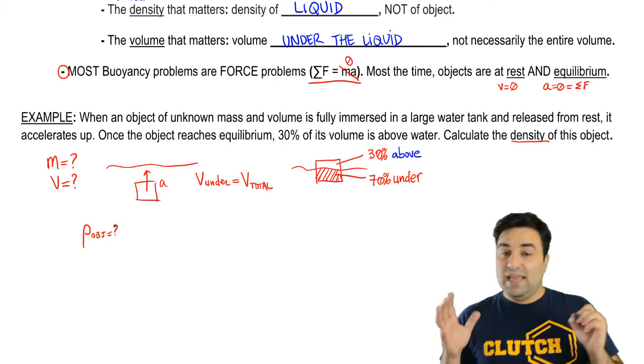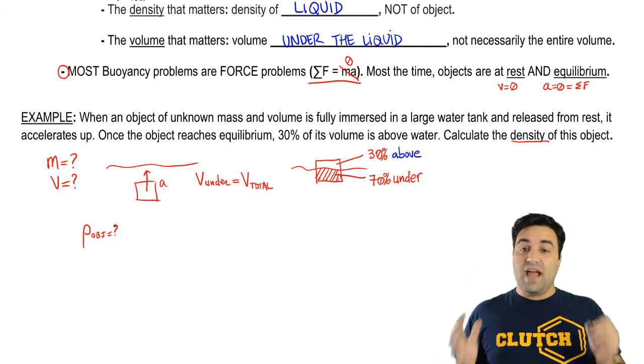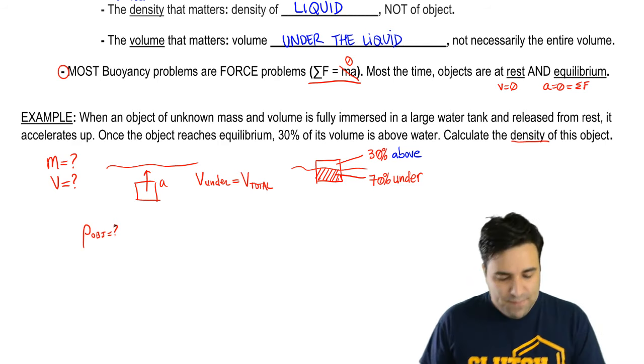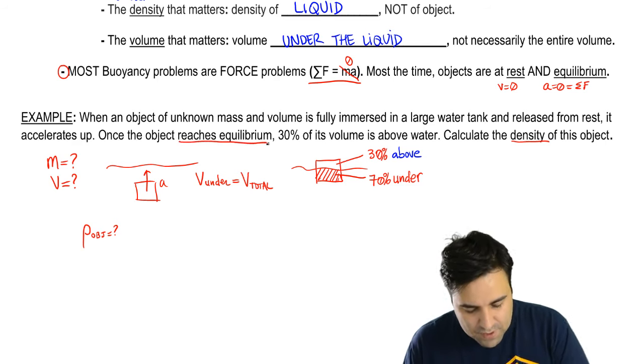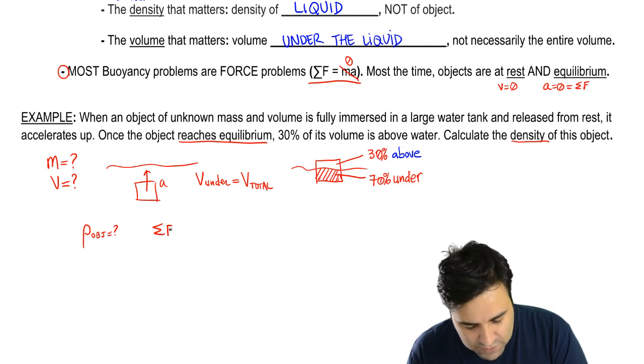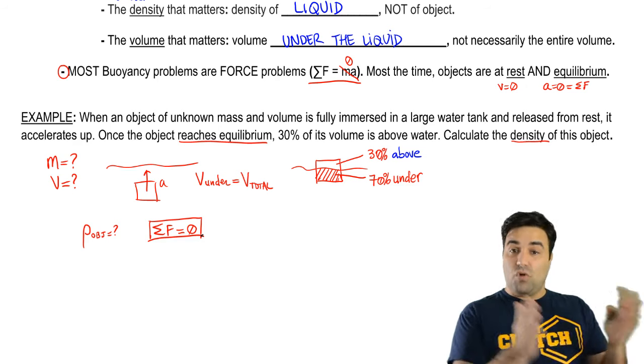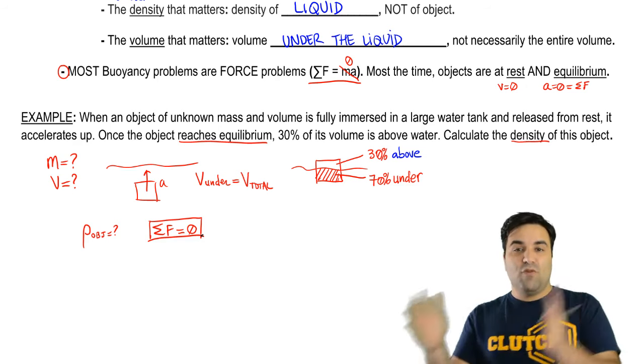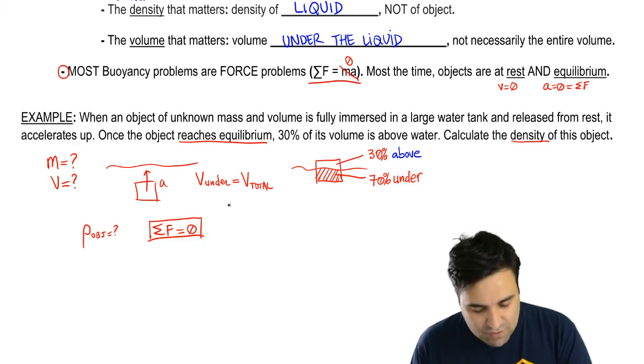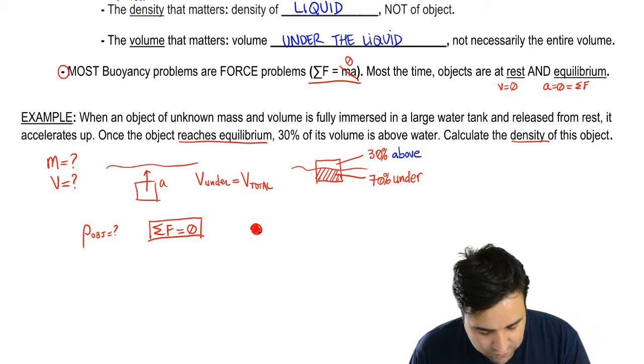Cool. Now, all these questions are going to start with F equals ma equals 0 because you are at equilibrium. So I'm going to write that the sum of all forces equals 0. And remember, the way to solve force problems has always been to draw a free body diagram and then write F equals ma. So let's draw a free body diagram. What's going on here with forces?